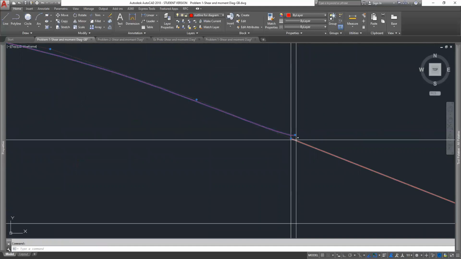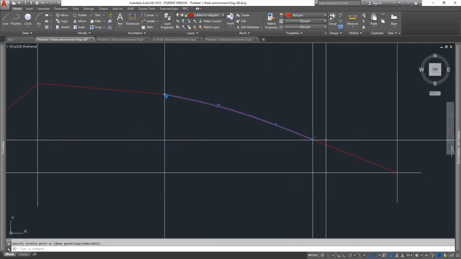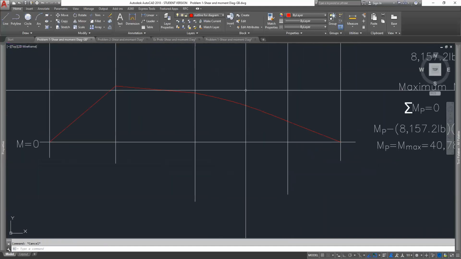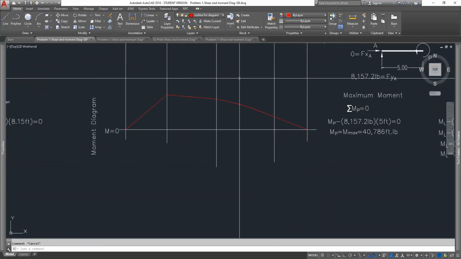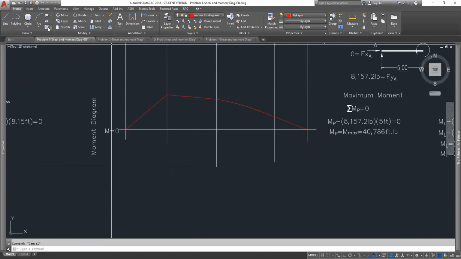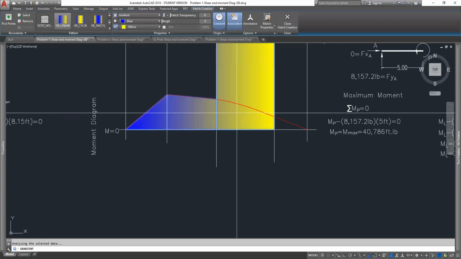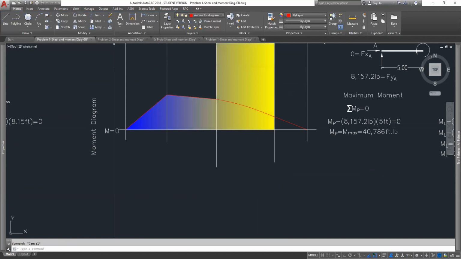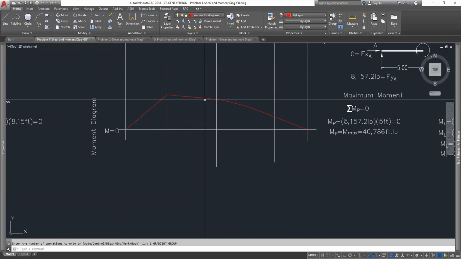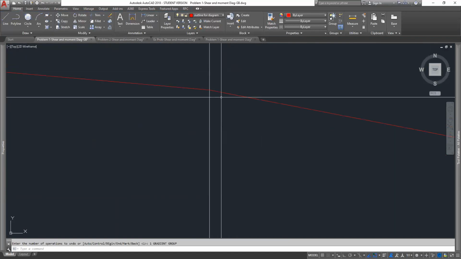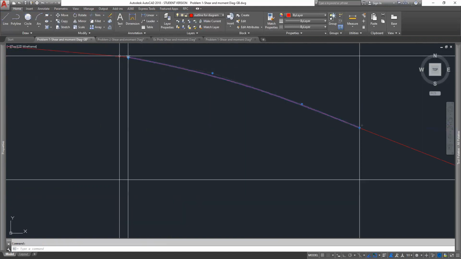I should have adjusted that. And that is what our diagram is supposed to look like. Let's go ahead and add a gradient to it. Whoops. Obviously, I did not close that. That should be closed.